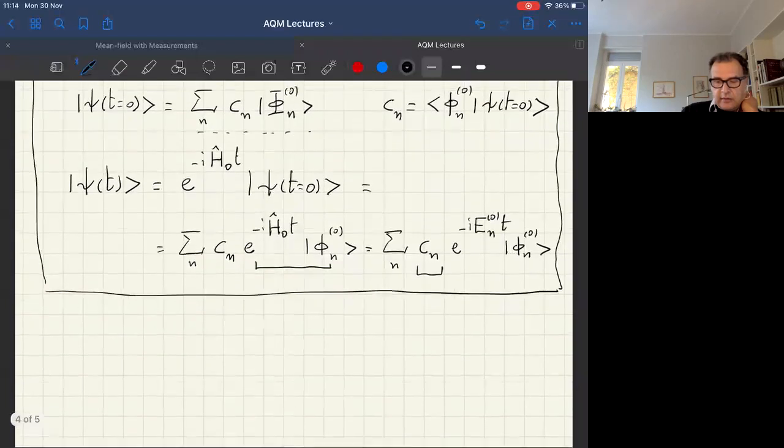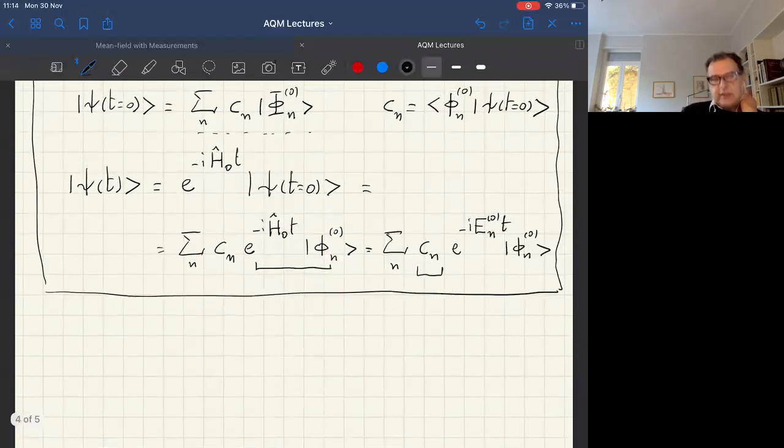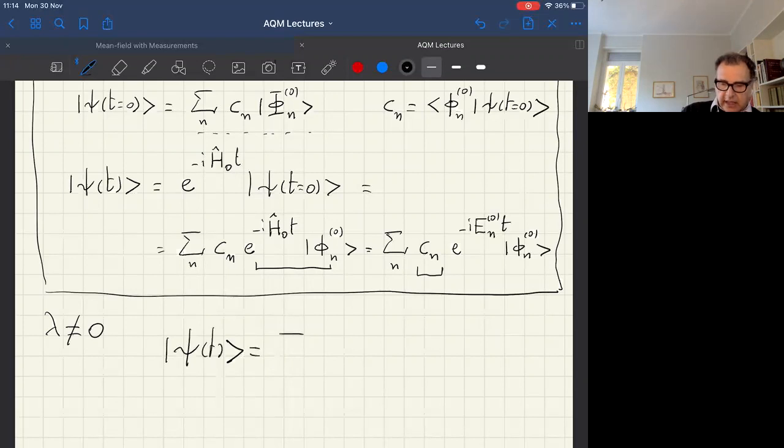So what is the idea of perturbation theory? The idea of perturbation theory is more or less that we have to start from what we know when lambda is equal to 0. And what we know is such a form. So a good idea would be the following: if lambda is different from 0, then psi of t we can always write in this form.